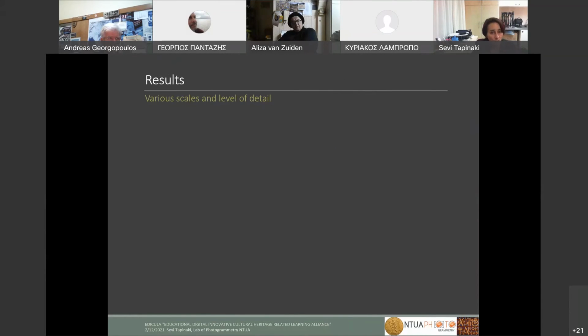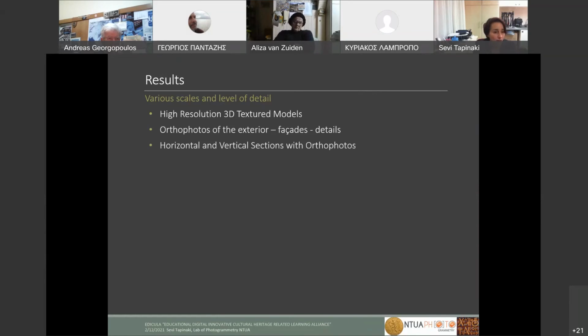Now, the results of all this work of the geometric documentation during all phases of the project were, in various cases and levels of detail, high resolution 3D texture models, orthophotos of exterior facades and details, interior, etc., horizontal and vertical sections with orthophotos or not, orthophotos of the 13 panels at specific faces, a video of the 3D models and the stereoscopic video, and 3D printing.